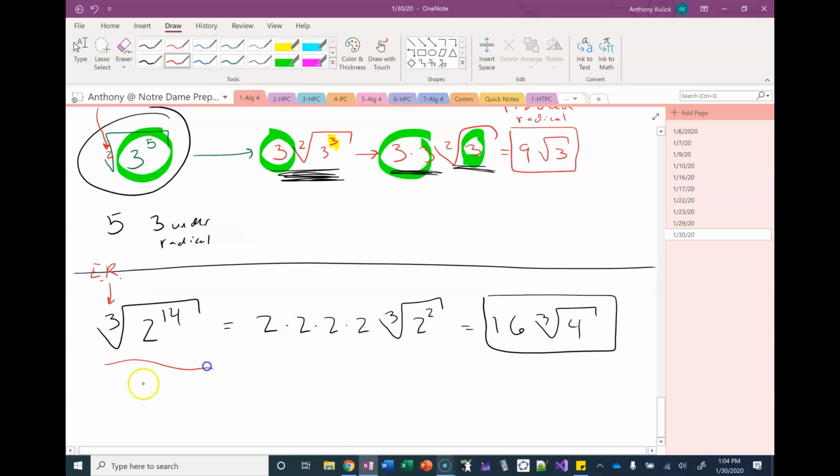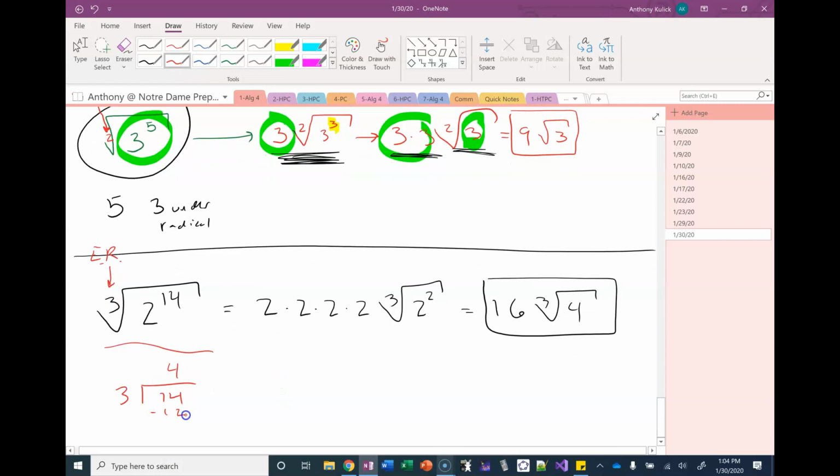Notice here, the people that answered it quite quickly, what they did is they divided 14 by 3. So the 4 told us how many 2's we could take out, and the remainder told us how many 2's would be left over.